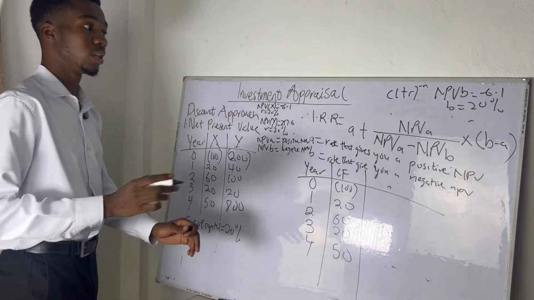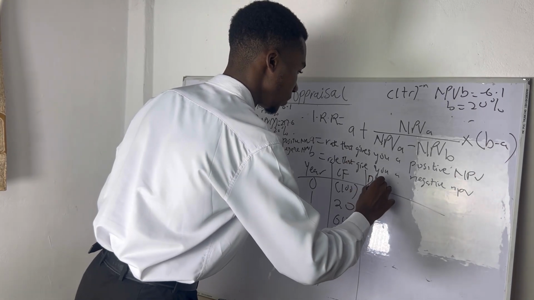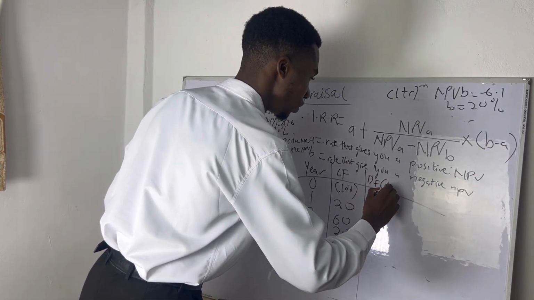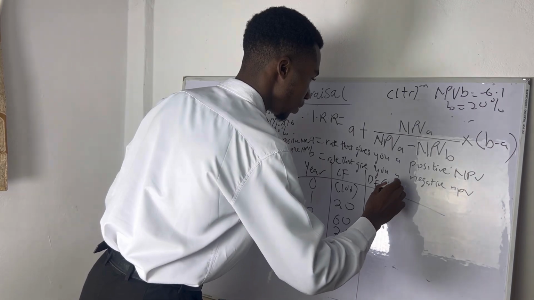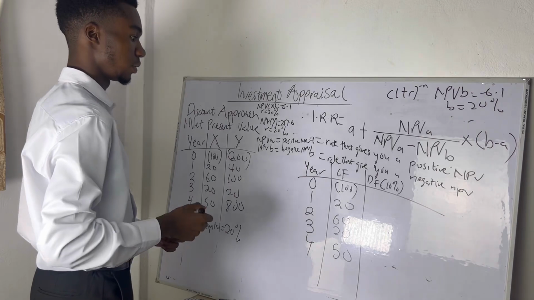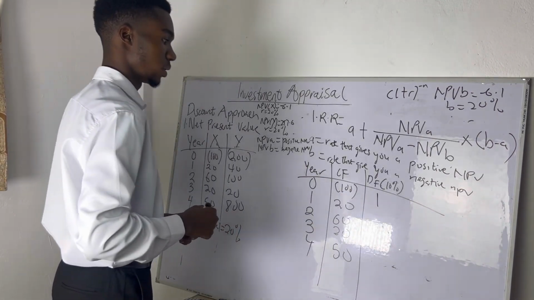So we're going to do the same thing we did for the 20%. Our discount factor, which is in brackets. Now we are going to use 10%, and the discount factor is 1 plus R, exponent negative N. The first one, the discount factor is always 1.